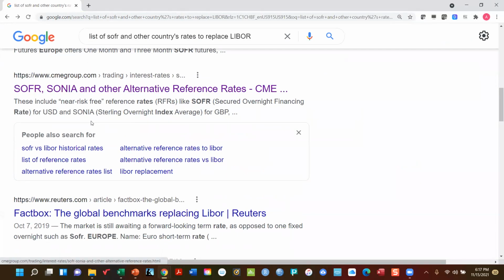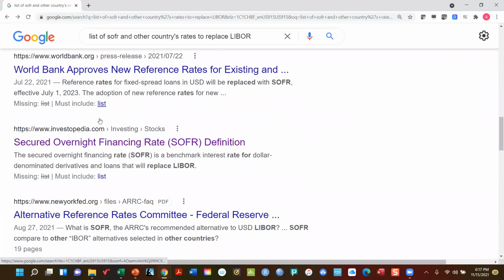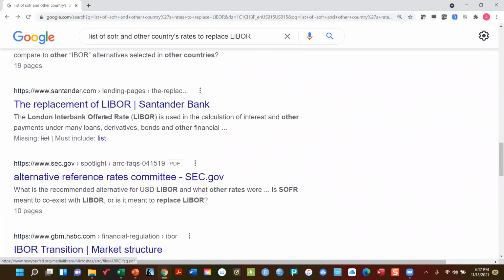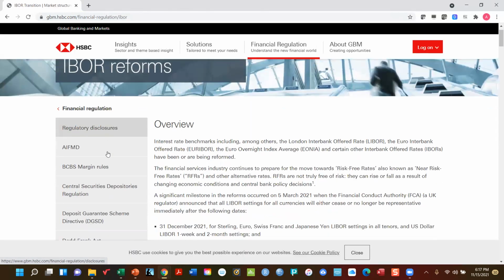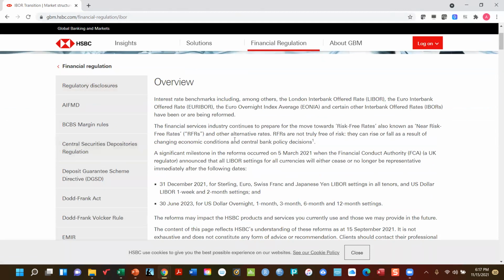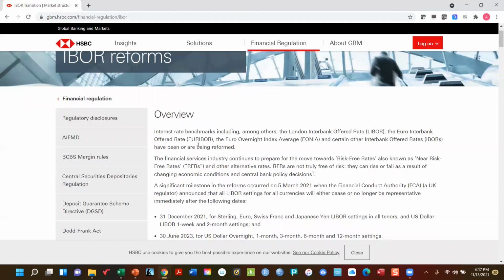Well, all right. Oh my God. Let's see, maybe this is it. Euro interbank offered rate Euribor, Euro overnight average index EONIA, and other interbank offered rates.